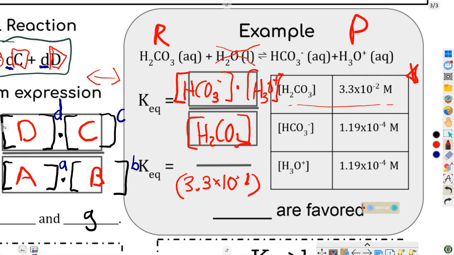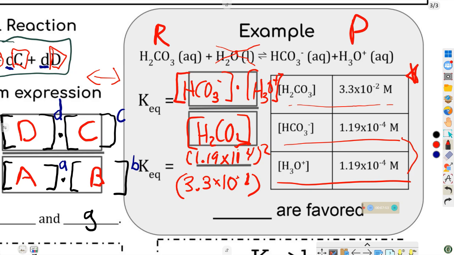And then on top, we're going to have our bicarbonate concentration times our hydronium concentration. I want you to notice that these two are the same, so I'm going to effectively write it as 1.19 times 10 to the negative fourth, and I'm going to square that, because if I multiply a number by itself, it ends up being that number squared.